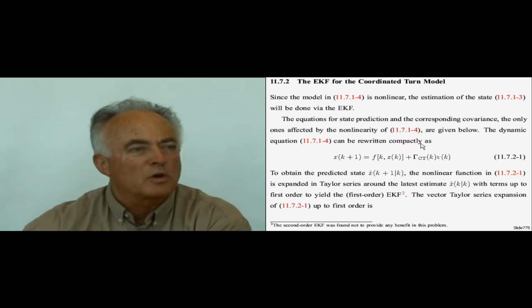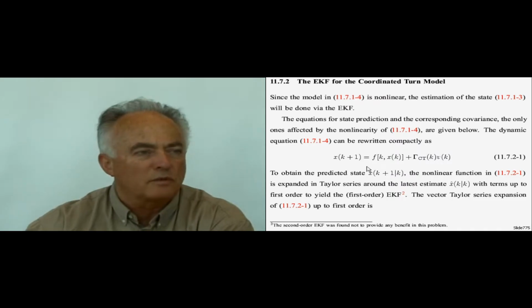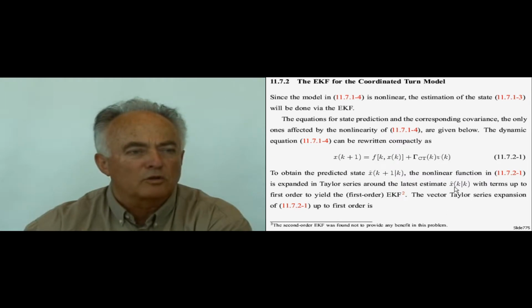The dynamic equation can be written compactly as the new state, a 5-dimensional vector, is a function of the previous 5-dimensional vector plus a gamma, a 5 by 3 matrix, times a 3-dimensional process noise vector. To obtain the predicted state, we just use this nonlinear function f and use in it the x hat kk. So this is the first order EKF.